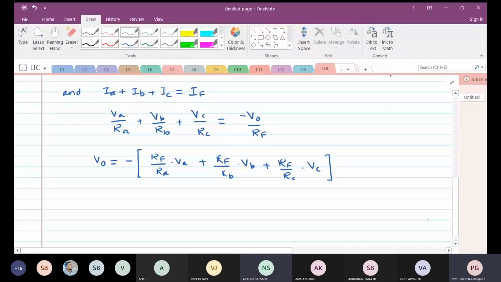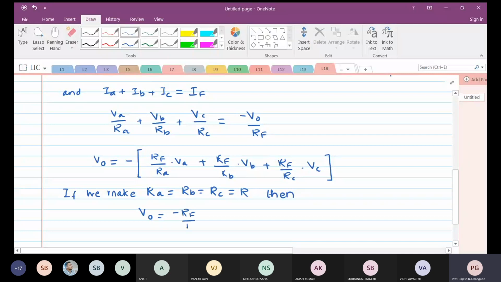If we make RA equal to RB equal to RC, and call this R, then VO is going to be minus RF by R into VA plus VB plus VC.